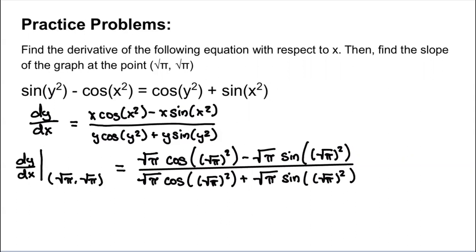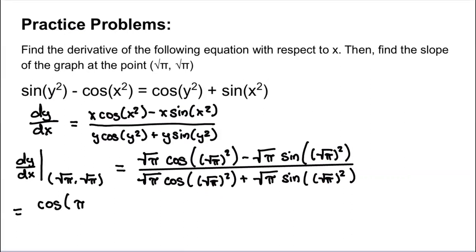So we should notice that we have root pi as our common term in all 4 of these cases, so we can factor it out and cancel it. I'm not going to show that step because that is a lot of space, so we're just going to take cosine, and now root pi to the second power is just pi. It undoes that square root, and it's the same case for every single one of these terms. That's what's happening inside all of these cosine and sine functions.